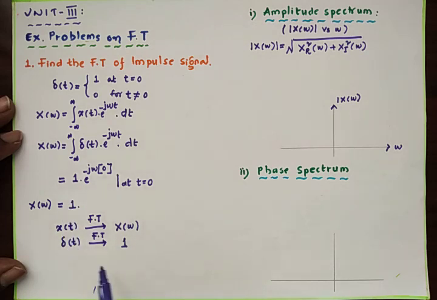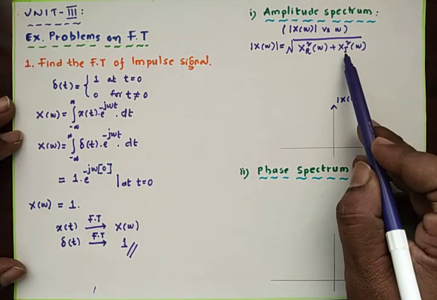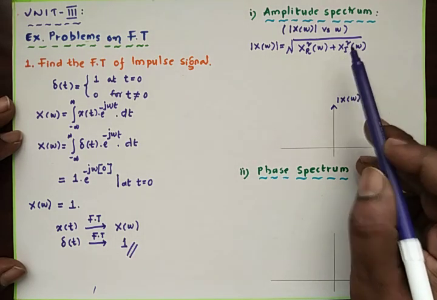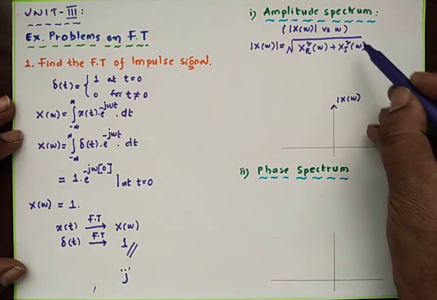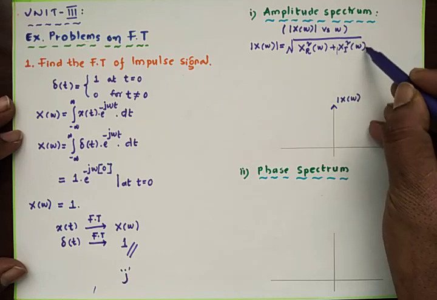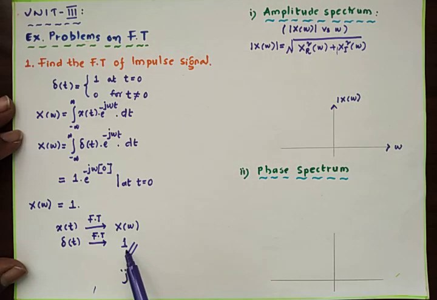Here in X of omega, what do we have? We have only 1. In this, there is no imaginary part. The part associated with the j term we call the imaginary part. There is no j term, so the imaginary part is 0. That means Xi is 0, and the real part is 1.